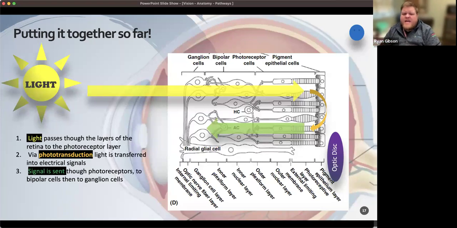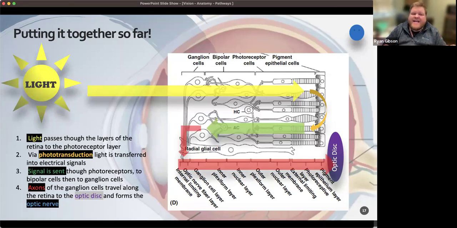That signal is sent from the rods and cones to the bipolar cells, from the bipolar cells to the ganglion cells. The ganglion cells have axons that travel across the retina and all come together at the level of the optic disc. The optic disc is where we start forming our optic nerve that then goes into the brain.